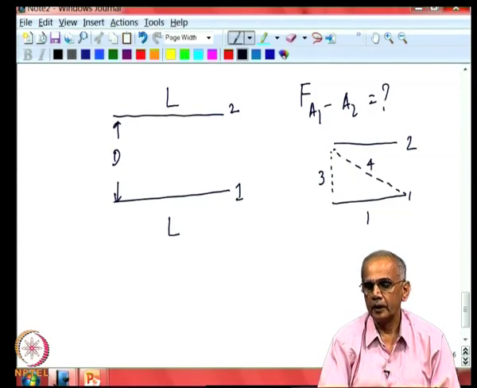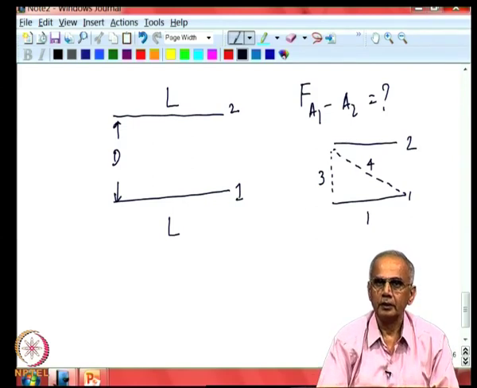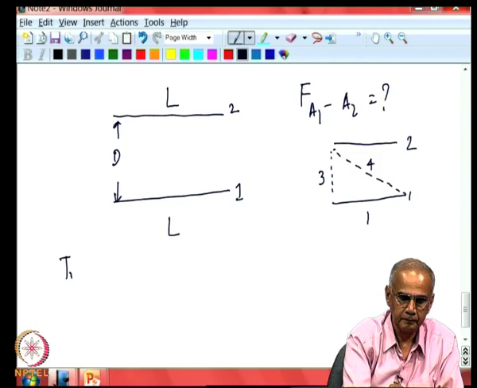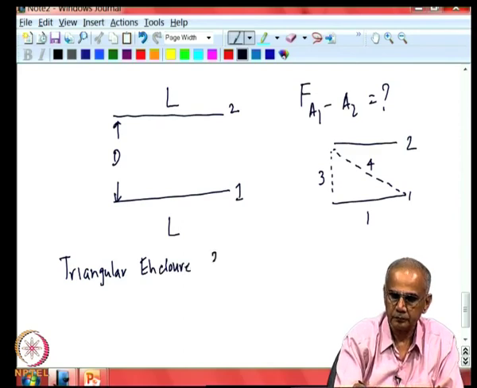Okay. Then we apply the rule we just derived to this triangular enclosure, 3, 4, 1.